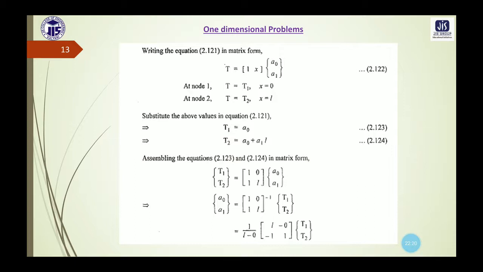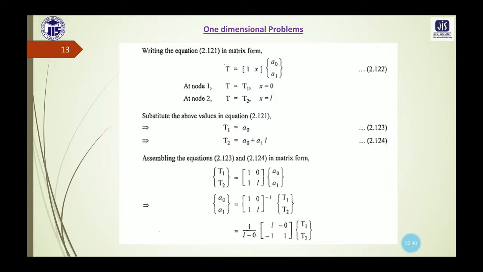So if we assemble these two equations in matrix form, then on the left hand side of the equation we will have a column matrix of T1 and T2.